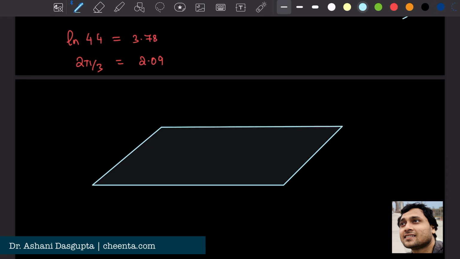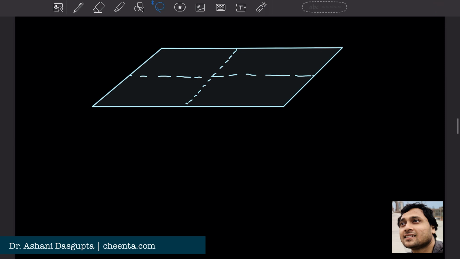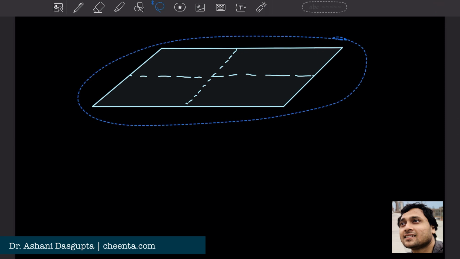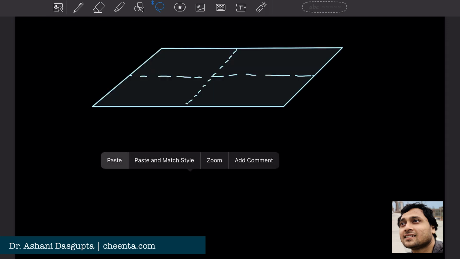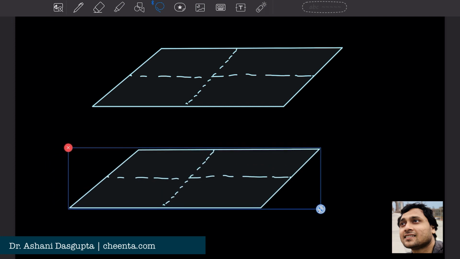This is the input plane. The input values are coming in from here. And let's make a copy of this, and let's change the color.